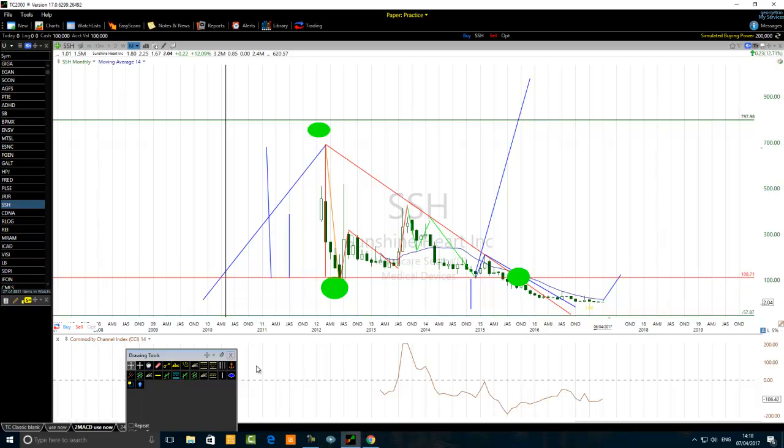Now, the reaction that we see below the level of $108.71 is just the reaction of the bearish traders, because the market does not believe that the stock should be at that price of $108. As I explained to you, I'll keep my Elliott wave count, but I will simplify my Elliott wave principle application, relying instead on the triangle that is in place.